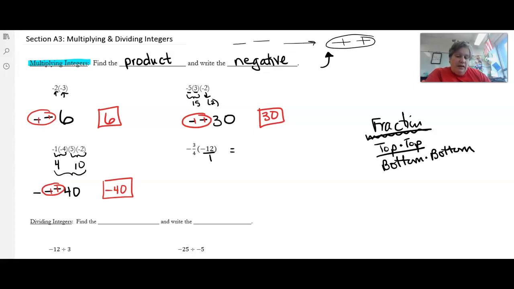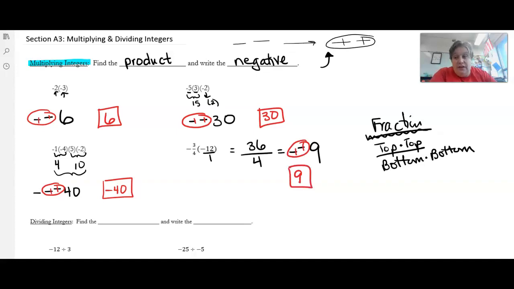So 3 times 12 is 36. 4 times 1 is 4. And now I'm going to reduce that. 36 divided by 4 is 9. Now you notice there's 2 negatives, so I bring the 2 negatives. And now we use our little rule that we circle them. And now your answer is positive 9.